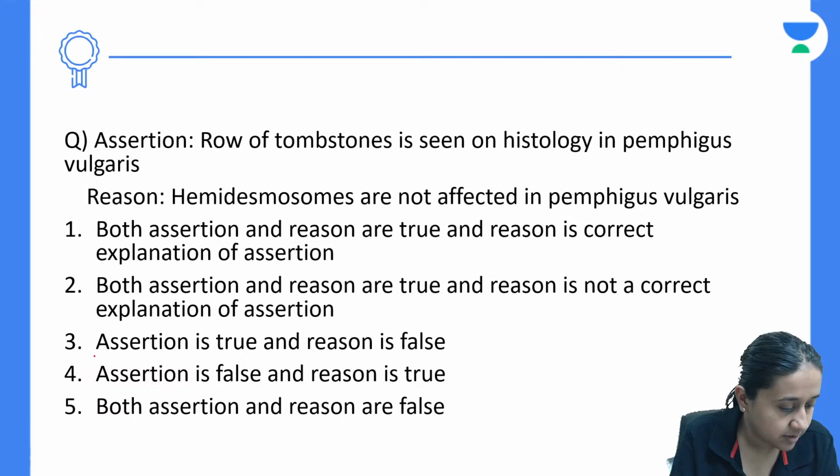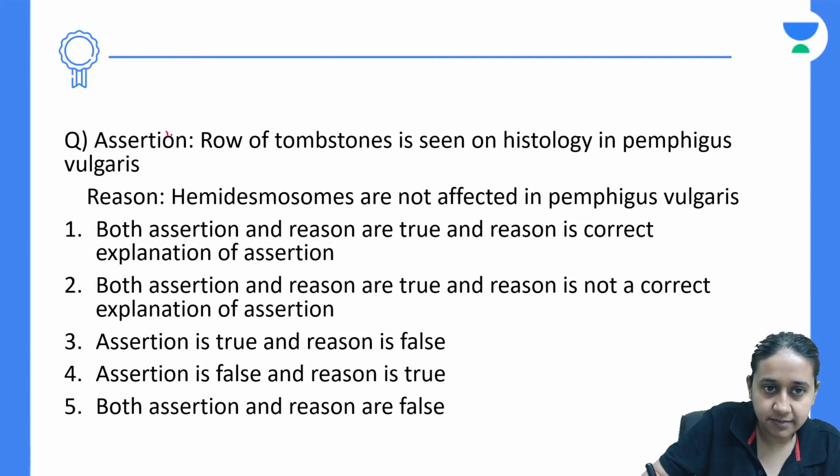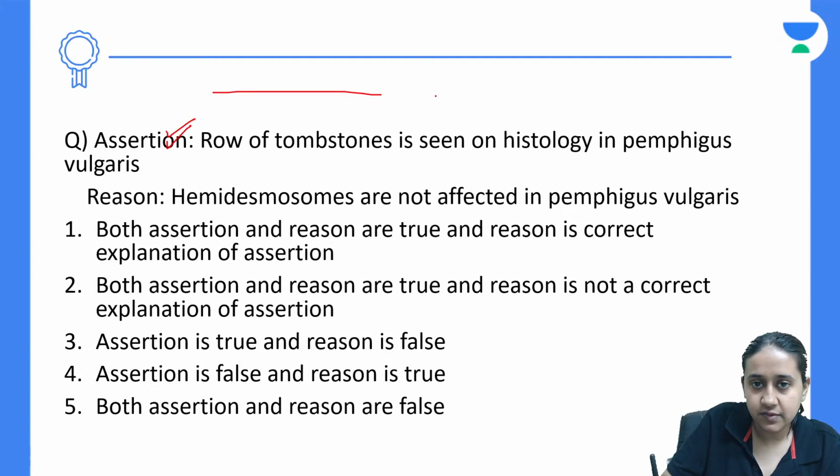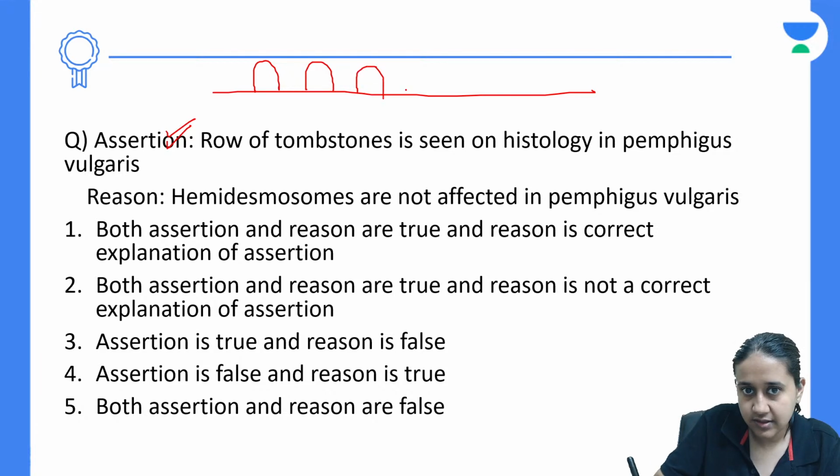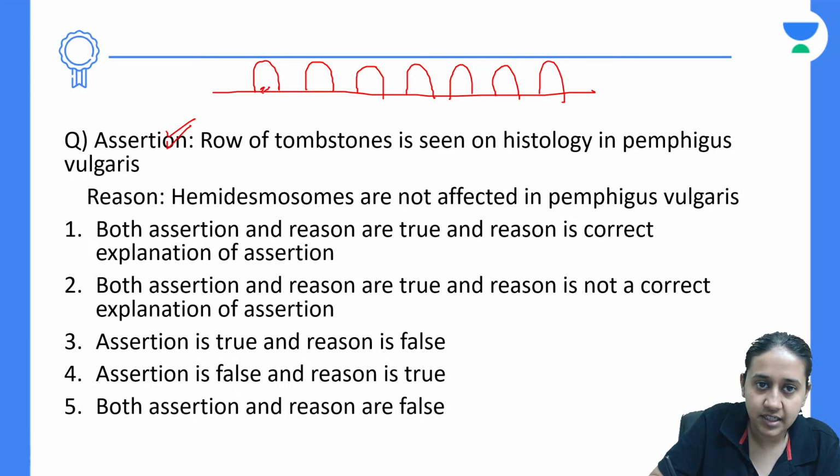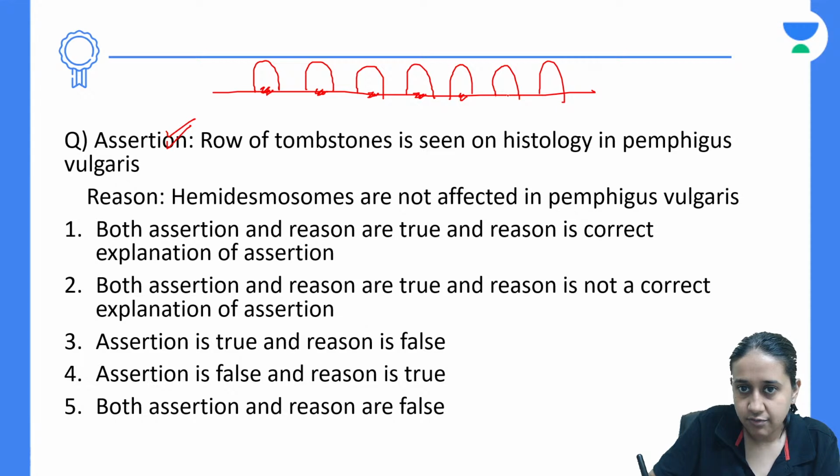Very nice, Ashima, Kalyani, MK, Aditya. This is a correct statement. In pemphigus vulgaris, you see intact stratum basale cells, which are seen standing separated from each other, but they still remain connected to the basement membrane with the help of a glue, which is known as hemidesmosomes.